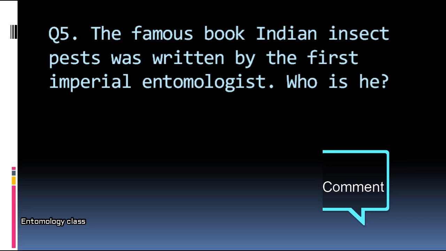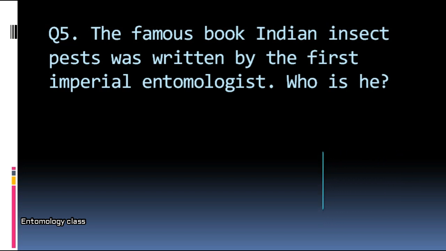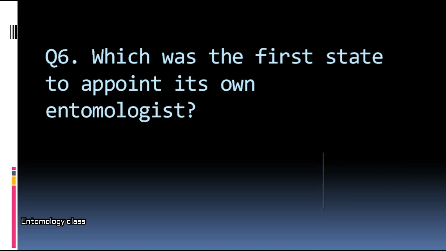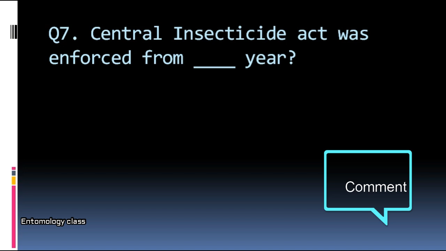Question number 5 is, the famous book Indian Insect Pests was written by the first imperial entomologist. Who is he? Question number 6, which was the first state to appoint its own entomologist?